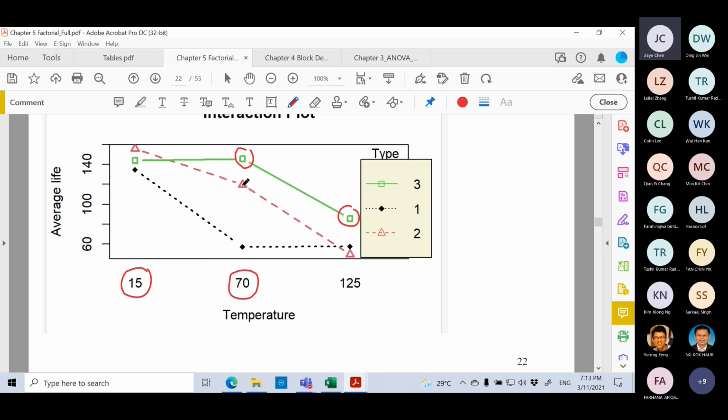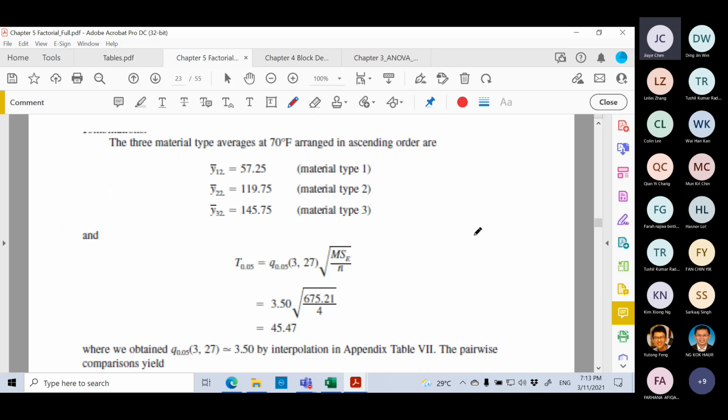But number 2, we can still use, because we need to check whether there is a significant difference between these 2 or not. Okay. So I will concentrate on 70 degrees. Of course, you can concentrate on 150, 125, and you can concentrate on 15. Okay.